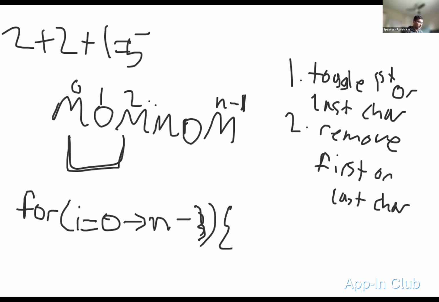We can check how many operations it will take to transform each contiguous substring of length 3 from I, how many operations it would take to transform that string to MOO.